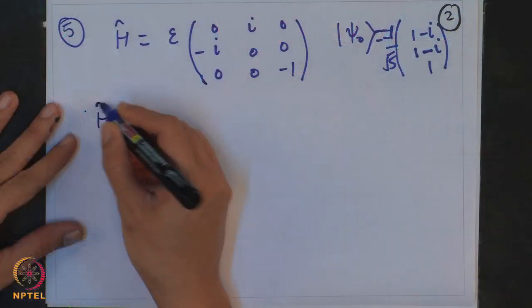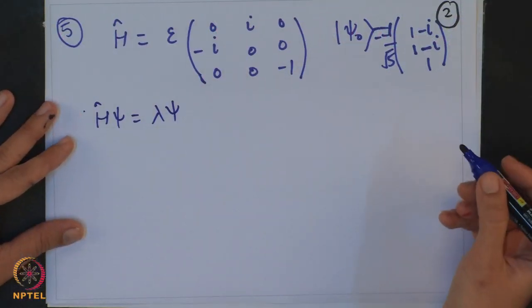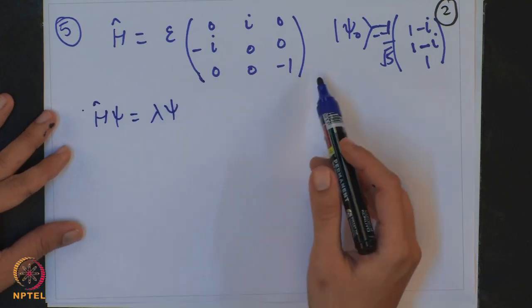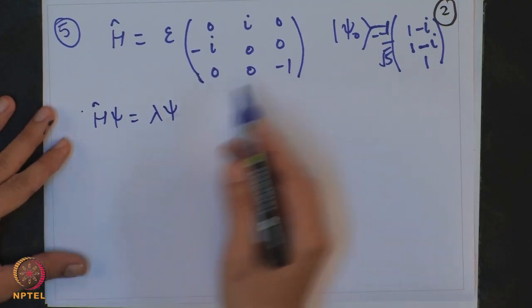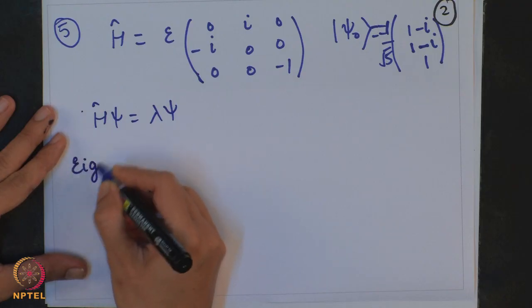To get started, we have seen in the previous part how we calculate eigenvalues and eigenvectors. If a Hamiltonian operator or any operator is given to you, you can simply use the energy eigenvalue equation H psi is equal to lambda psi, where lambda is the eigenvalue. Now you have a 3 cross 3 matrix. You will use the same logic.